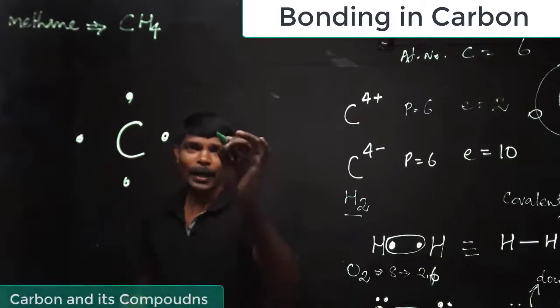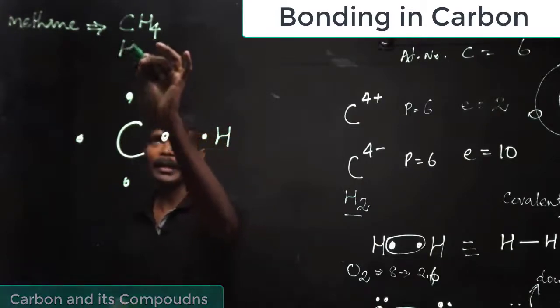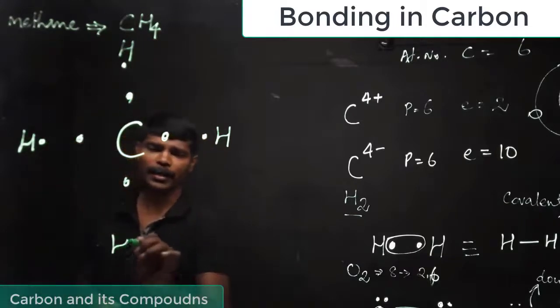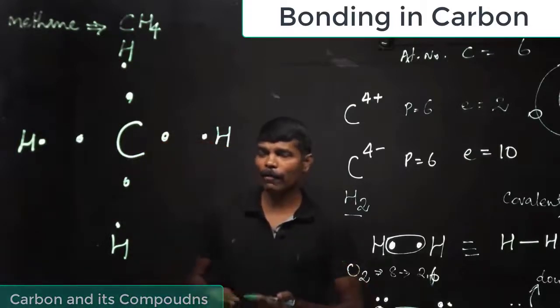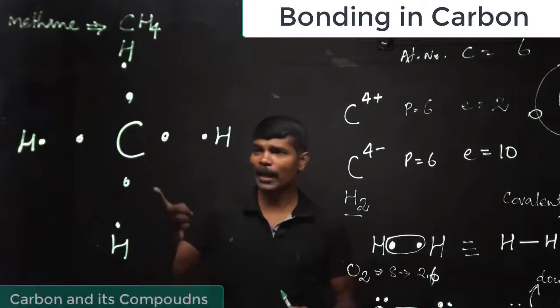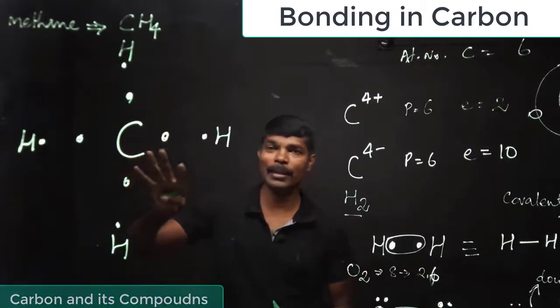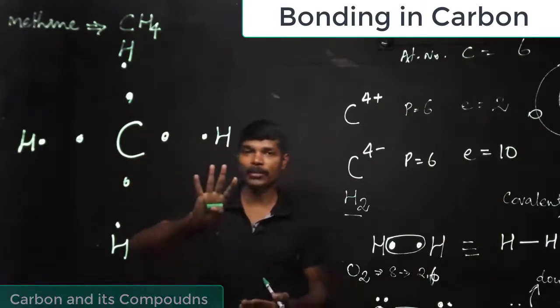So here I have drawn 1 hydrogen atom, here 1 more hydrogen, here the 3rd hydrogen, and here the 4th hydrogen. Each sharing will compensate 1 electron, and carbon needs 4 electrons for its stable configuration, so 4 sharings need to be done.